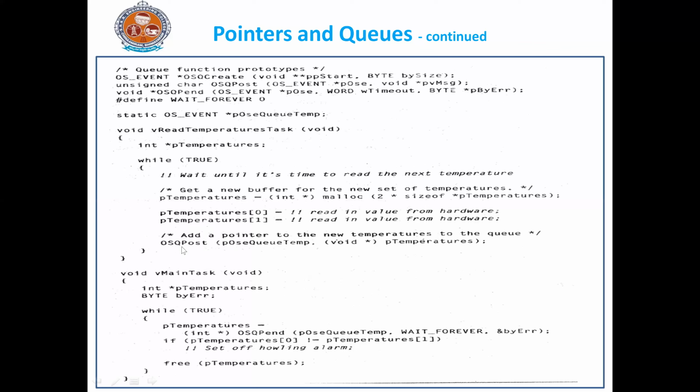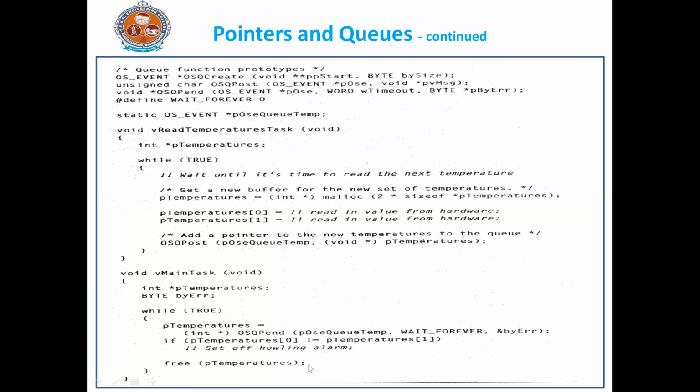Now what you will do is add this temperatures pointer to your Q. You are adding the temperatures pointer onto your Q with OSQ post, that means you are writing onto the Q. In the previous examples I already told what the problem is: suppose after reading P temperatures of 0 this task is called, then P temperatures of 0 will have the latest value and P temperatures of 1 will have the old value.